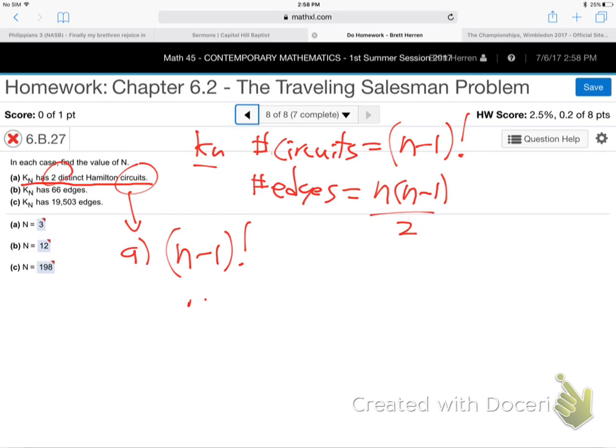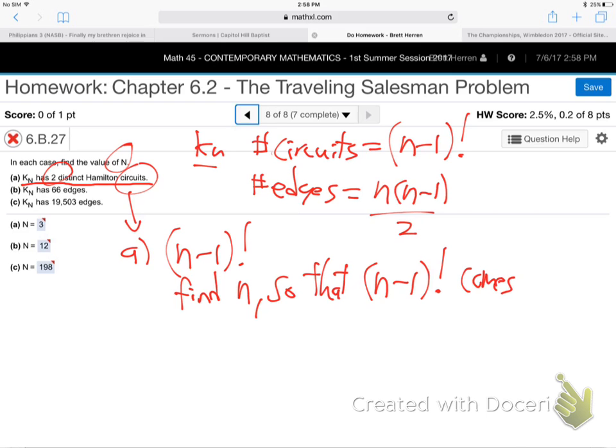So in other words, in each case, find the value of n. What is n? Find n so that n minus 1 factorial comes out to equal 2. Does that make sense to the question they're asking me? Not 3, 2. Right?